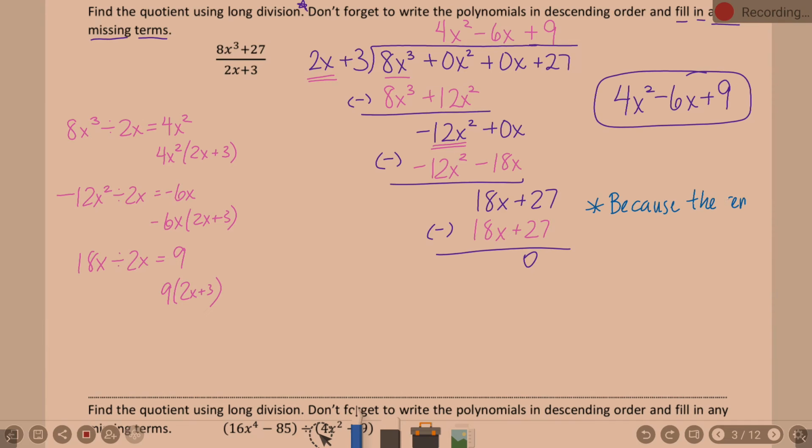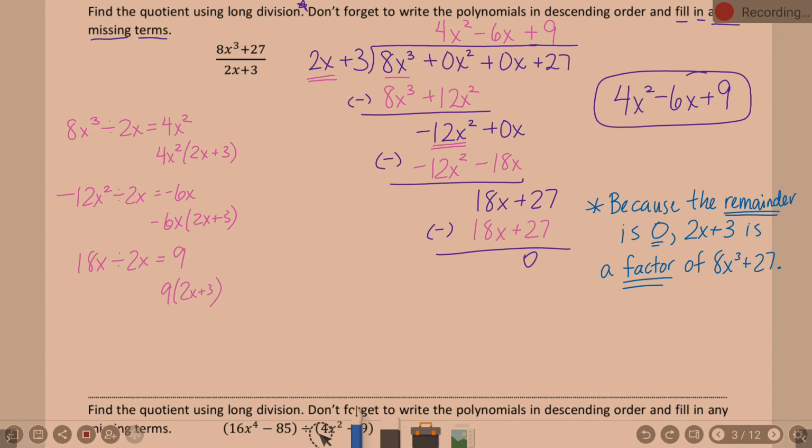Because the remainder is 0, 2x plus 3 is a factor of 8x cubed plus 27. So because the remainder is 0, that makes 2x plus 3 a factor of the original dividend.